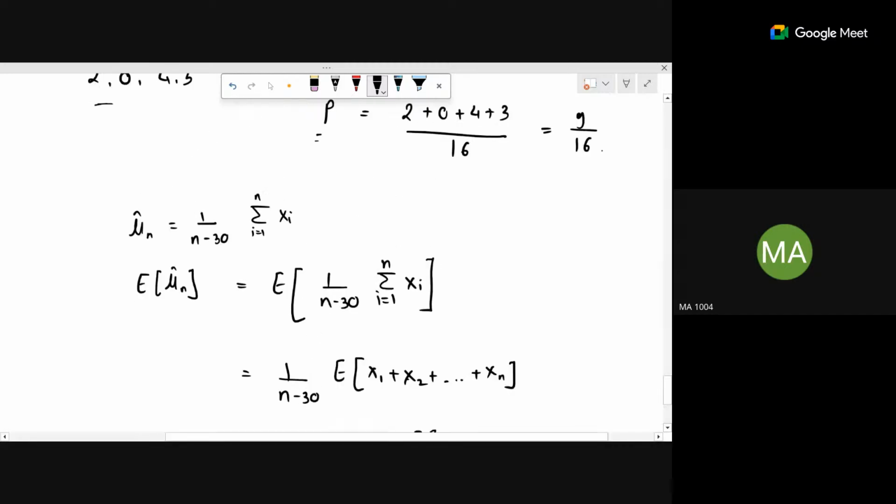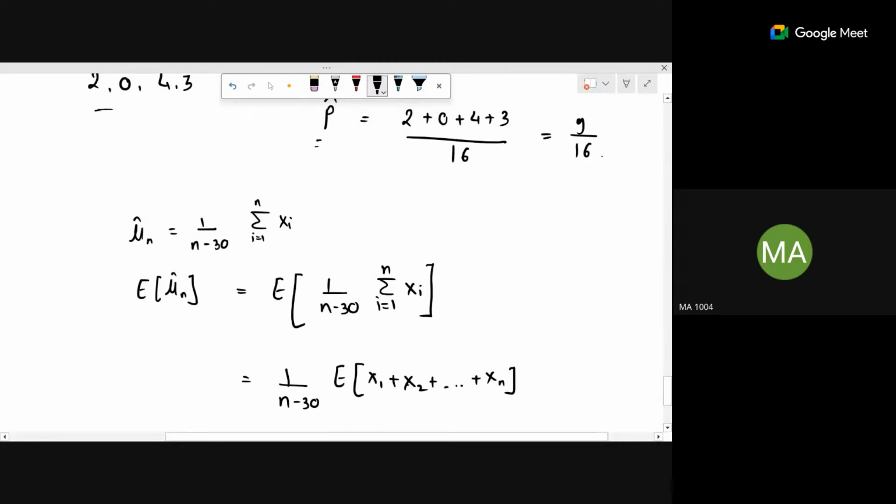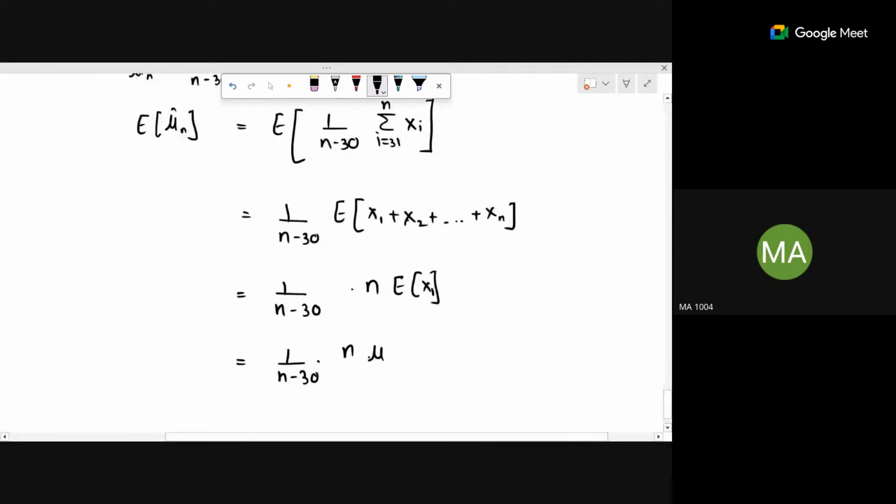Okay, there is one mistake, sorry. i is not 1 to n, it is given as 31 to n. Just check with the question. It is i equal to 31 to n. If it is 31 to n, then what will happen? It will be 31, 32, till n, right?